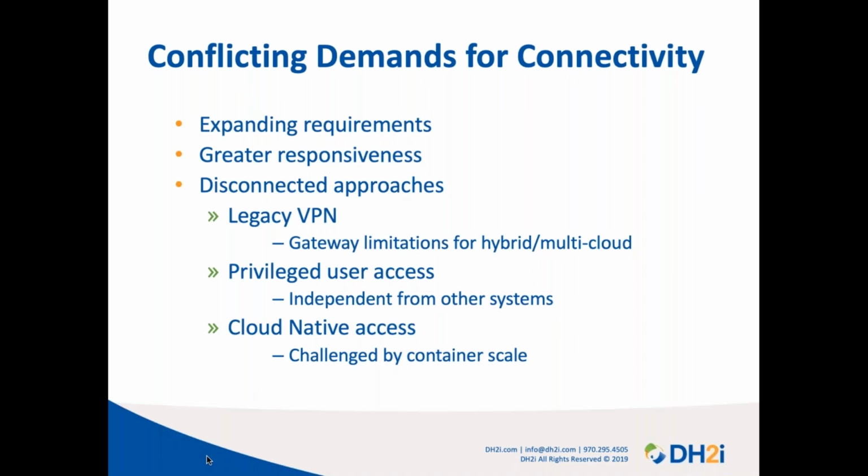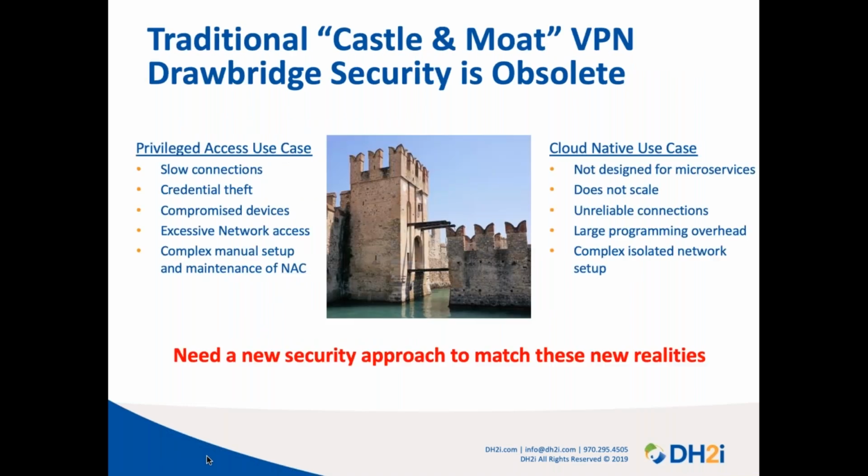A very classic approach to managing network security has been what we like to describe as the castle and moat VPN drawbridge approach. Essentially, any individuals or resources that are outside of the defined network perimeter are considered untrusted.